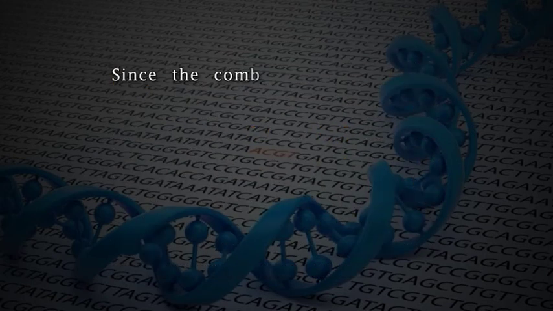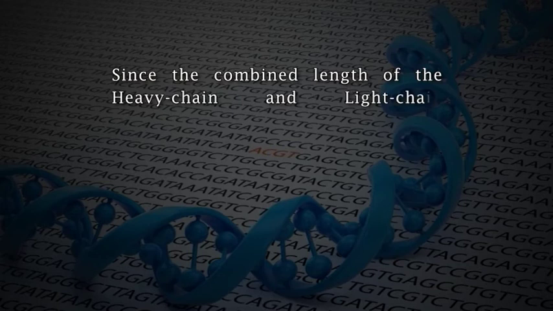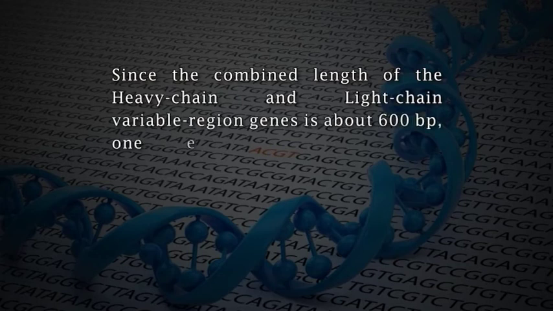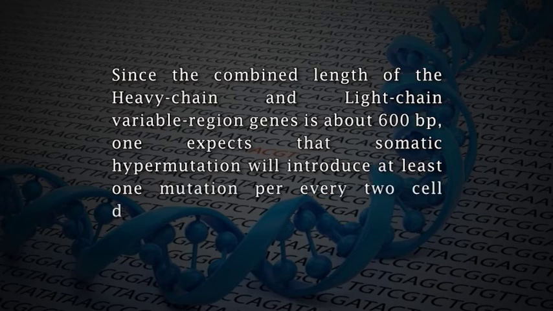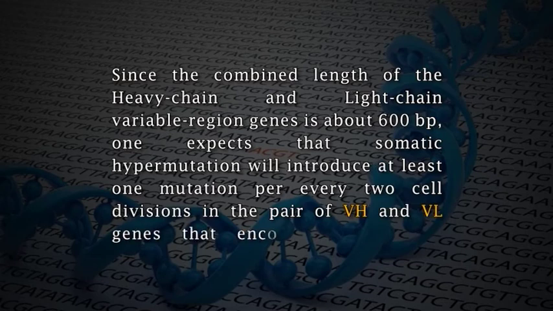Since the combined length of the heavy chain and light chain variable region genes is about 600 base pairs, one expects that somatic hypermutation will introduce at least one mutation per every 2 cell divisions in the pair of VH and VL genes that encode an antibody.